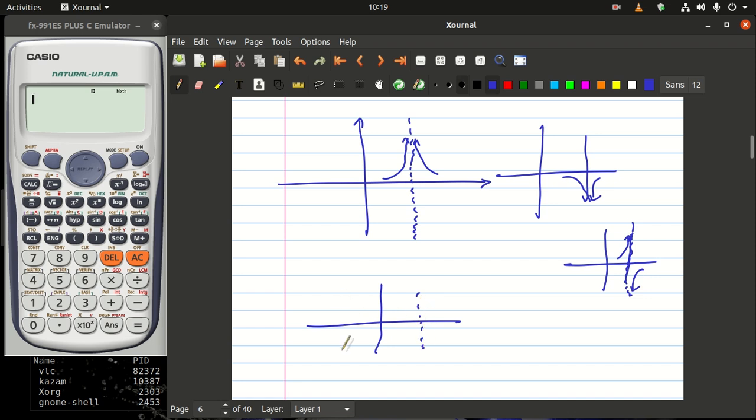The point can either be that side or anywhere, but close to a certain point A here, the function is going this way and the other one is going that way.